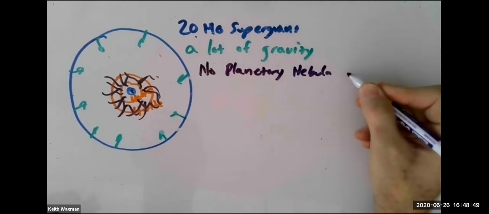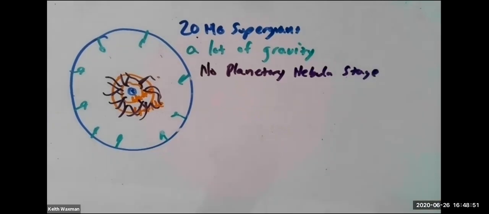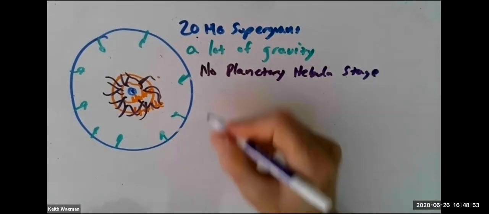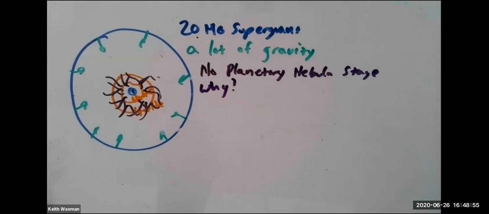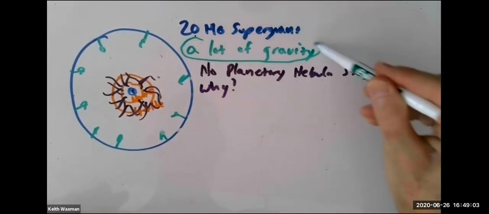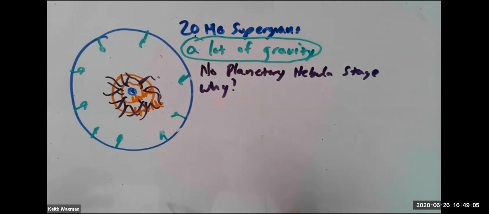Why? How come it happened for a star like the sun, but not this star? Here's why. Look, a lot of gravity. There's so much gravity that there's not enough radiation pressure to push off the envelope.